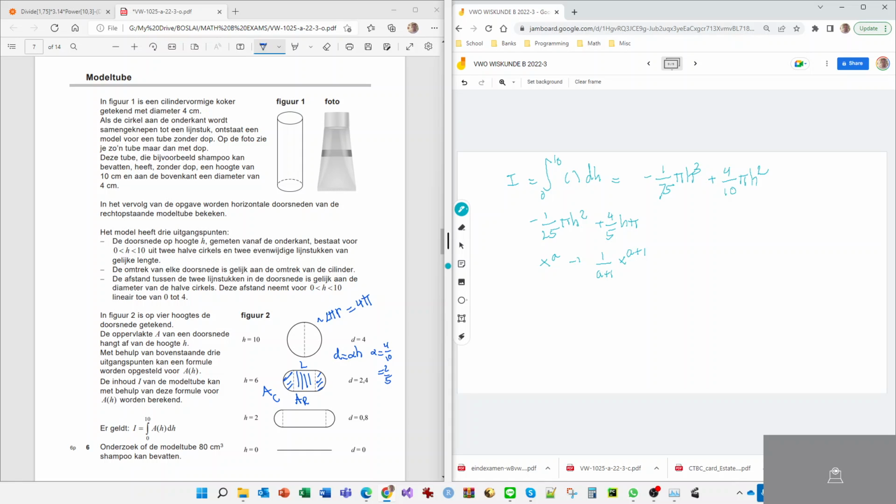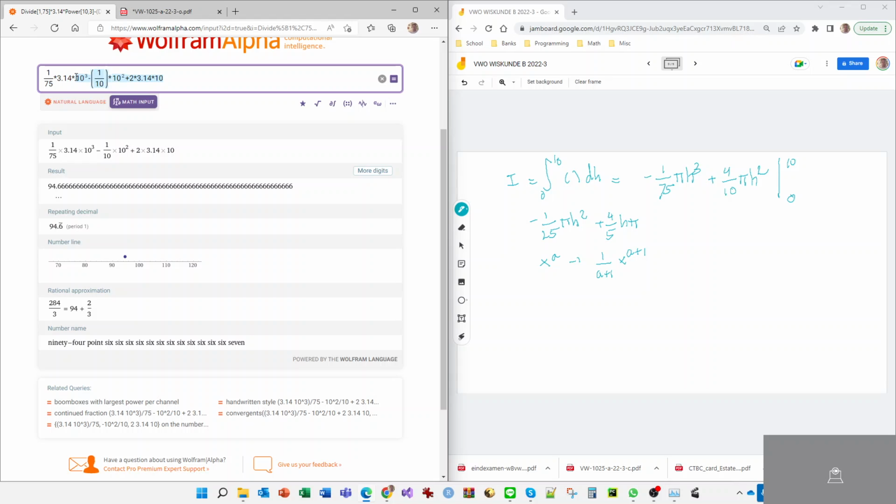And just in case, if you do the derivative, you should find the original function between 10 and 0. Well, let's put this in the graphic calculator.